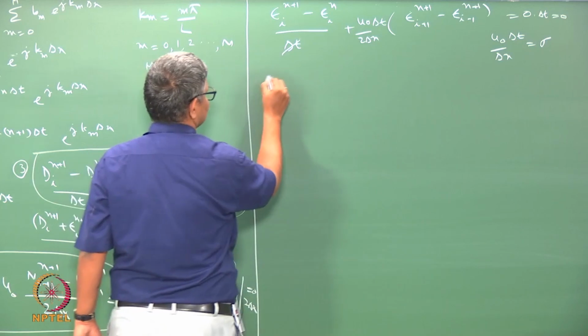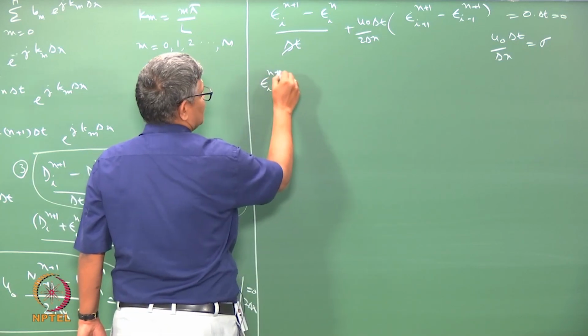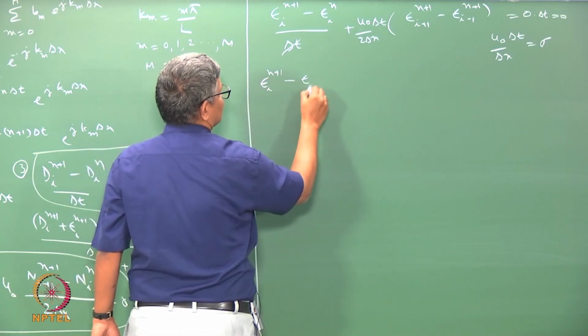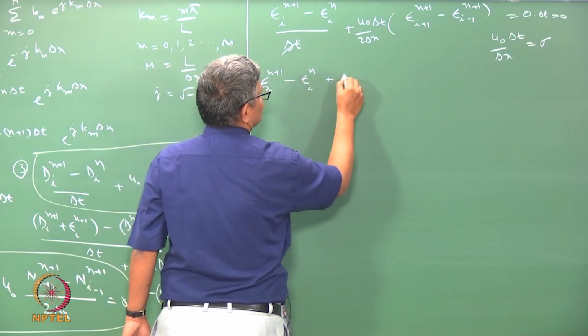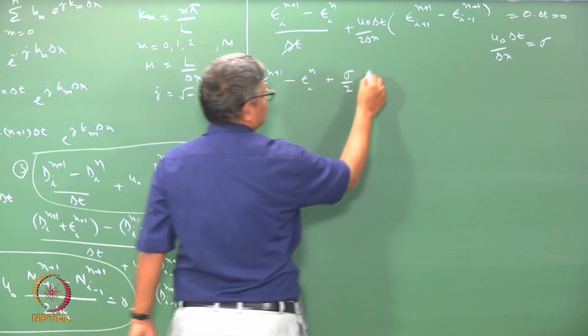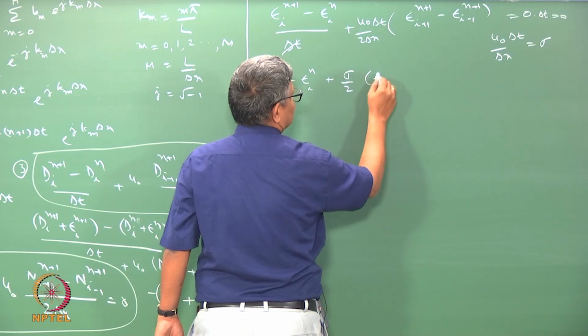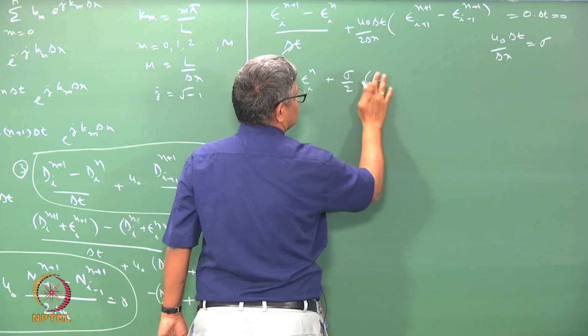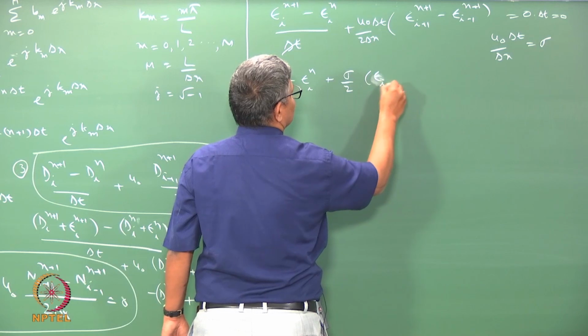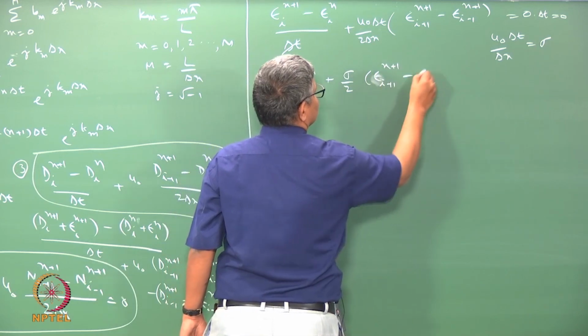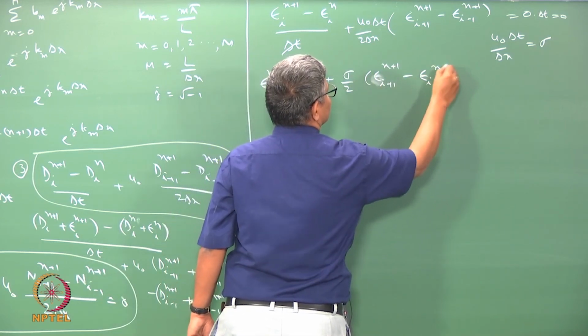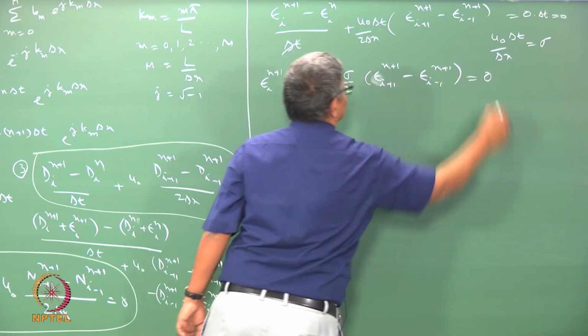So, we can write this as epsilon I at n plus 1 minus epsilon I n plus sigma by 2 times epsilon I plus 1 n plus 1 minus epsilon I minus 1 n plus 1 equal to 0.